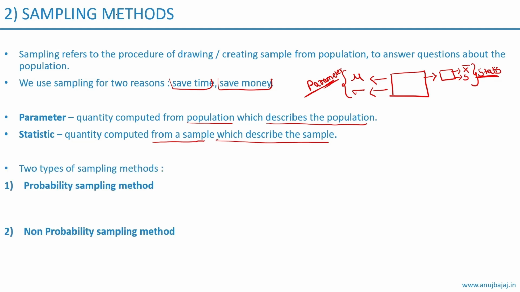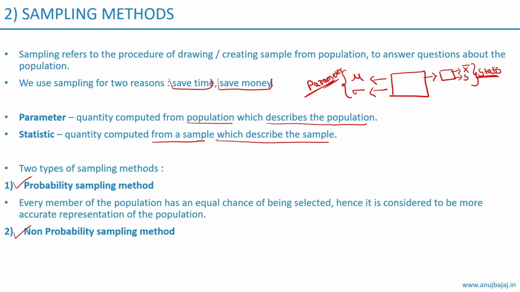We will be looking at two types of sampling methods, the probability sampling method as well as the non-probability sampling method. In a probability sampling method, every member, that is every observation of the population, has an equal chance of being selected. Hence, the sample generated from the probability sampling method is considered to be a more accurate representation of the population.